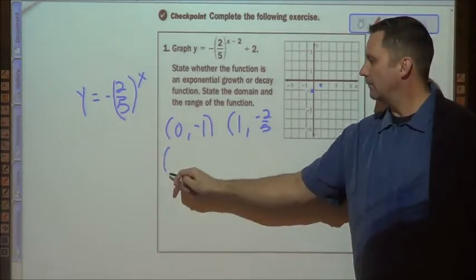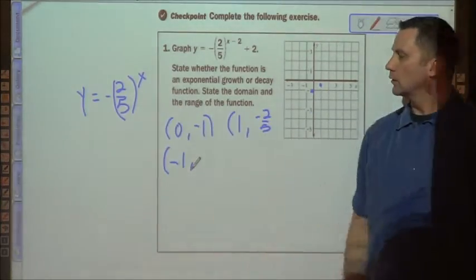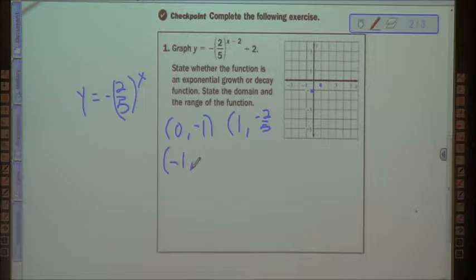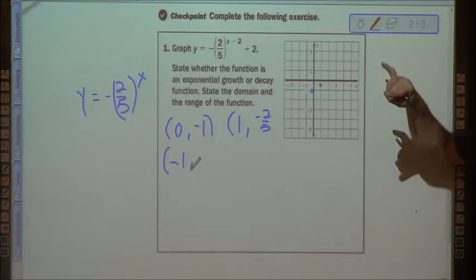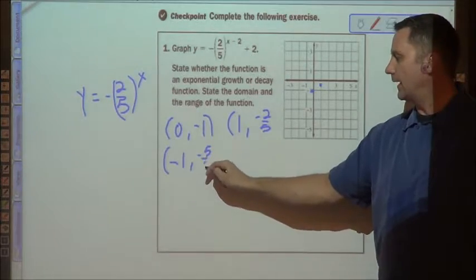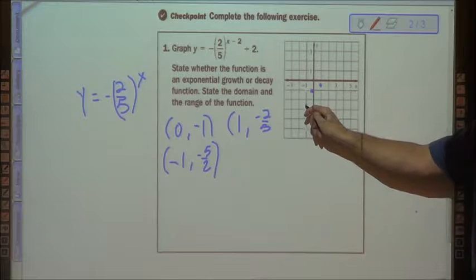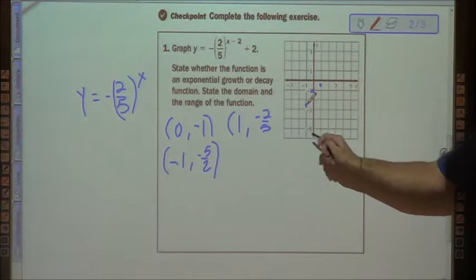If x is -1, again, we're using this. What's 2/5 to the -1? 5/2. It flips it, and that makes that -5/2. So -5/2. So that's -2.5. So (-1, -2.5) would be here. So it is heading down pretty good now.